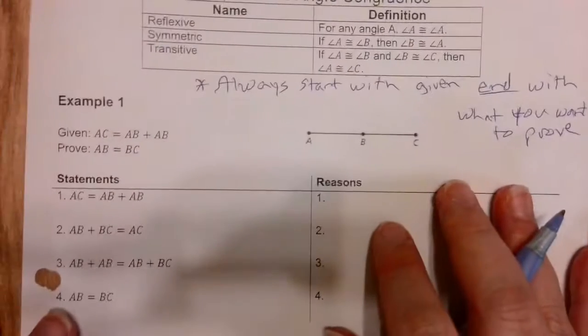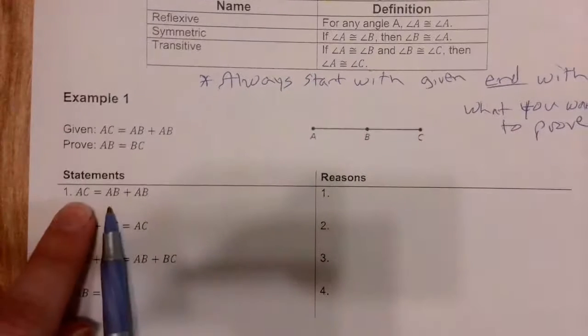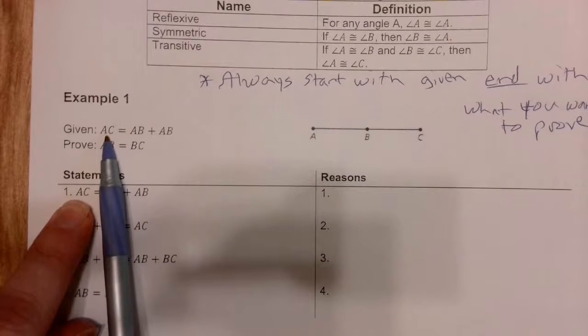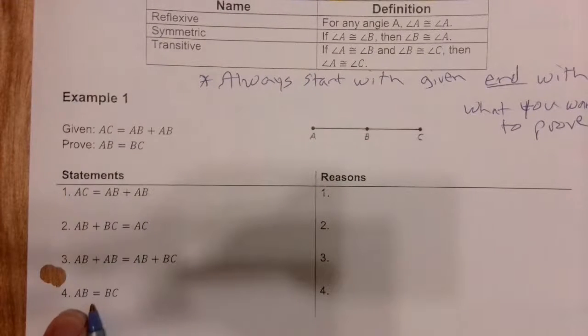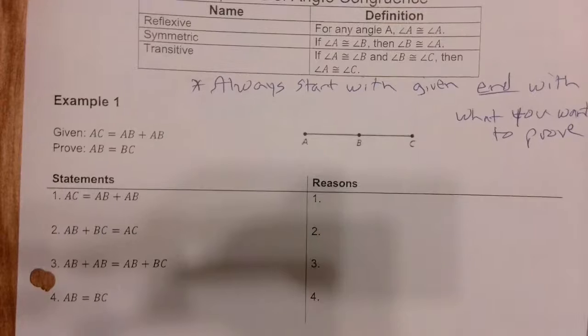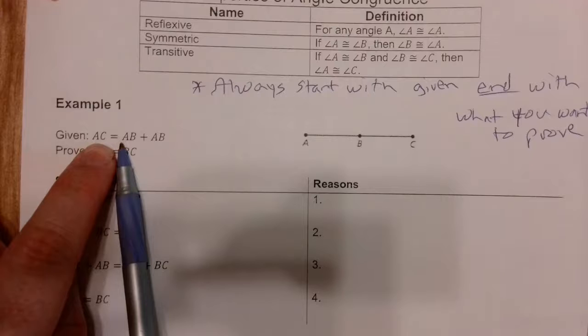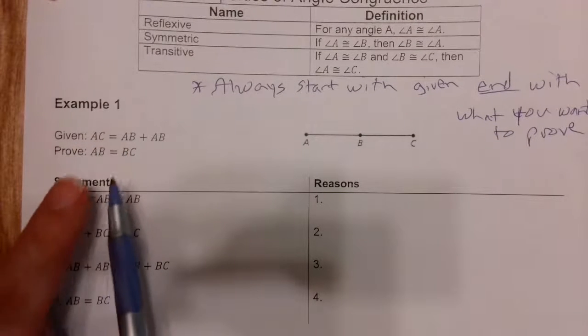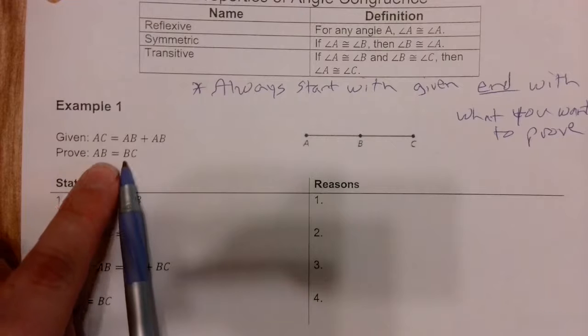So if you look at this proof, line 1 is the given, and line 4 is what we're trying to prove. So even if you know absolutely none of the rest of the proof, you have no idea how to do proofs, you should at least get line 1, because that's the given, and you should get the last line, because that's what you're trying to prove.